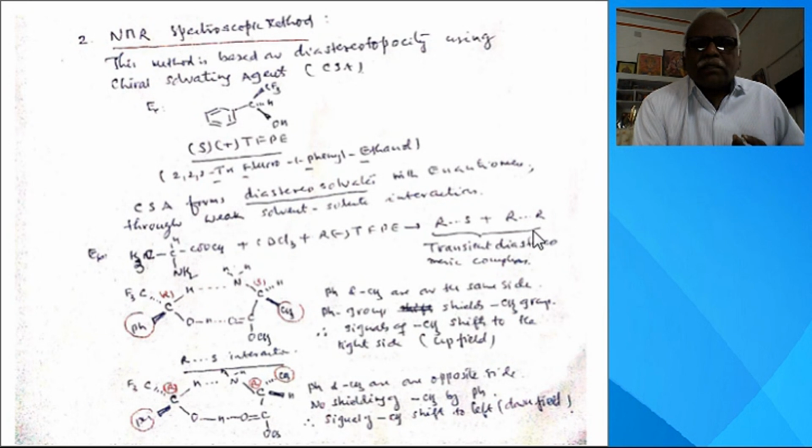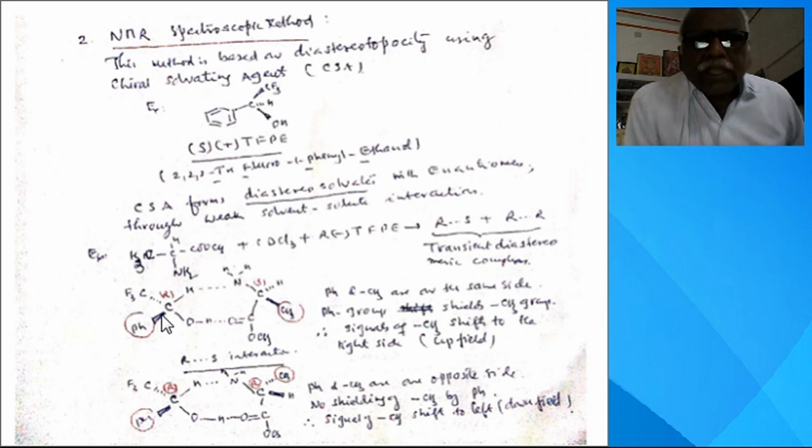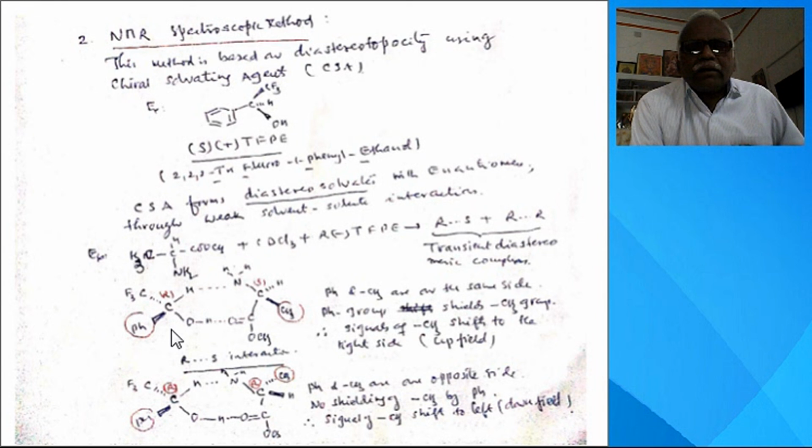These are transient diastereomeric complexes. Now, this is the enantiomer having S configuration. It associates with this chiral solvating agent.